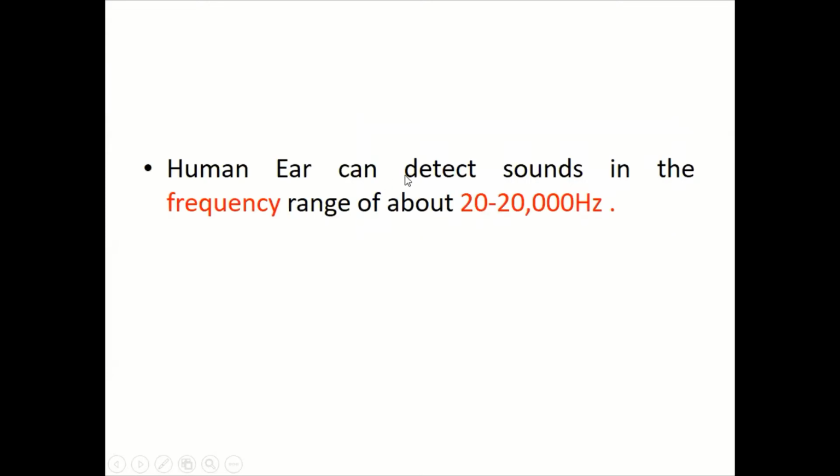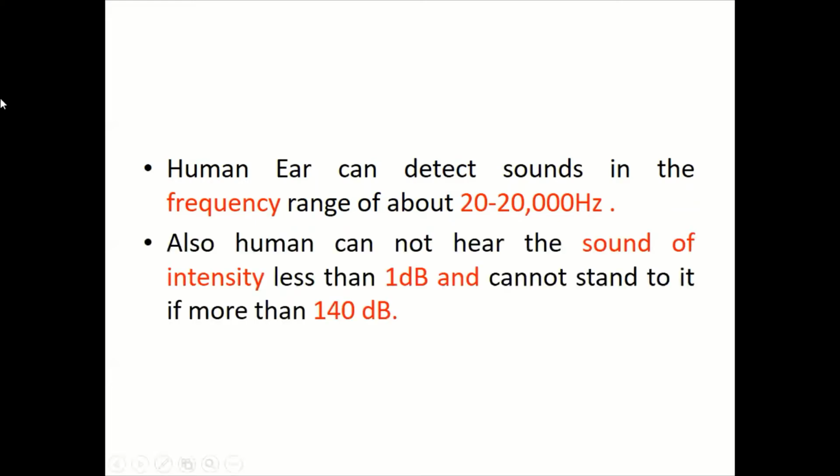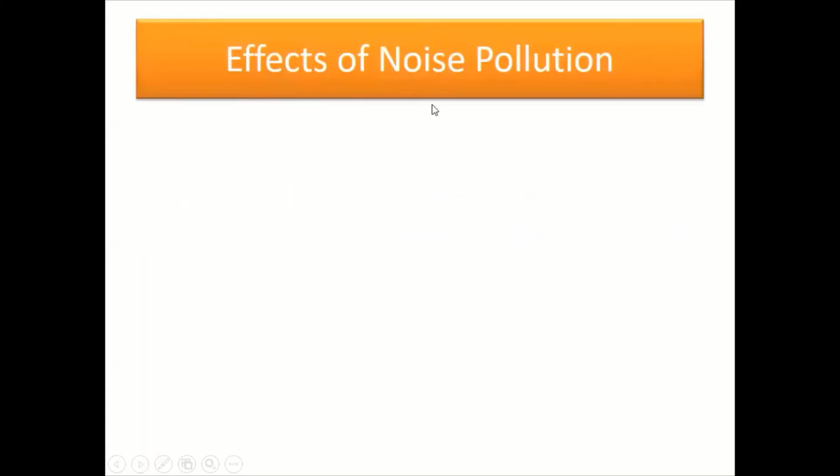The human ear can detect sound in the frequency range of about 20 to 20,000 hertz. Also, humans cannot hear sound of intensity less than 1 dB and cannot stand more than 140 dB. So effect of noise pollution.